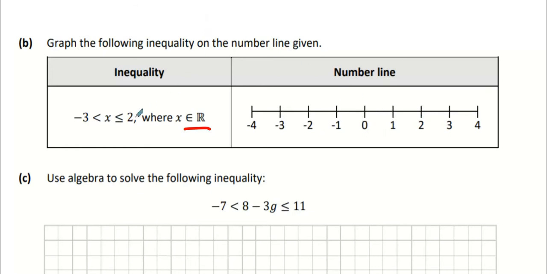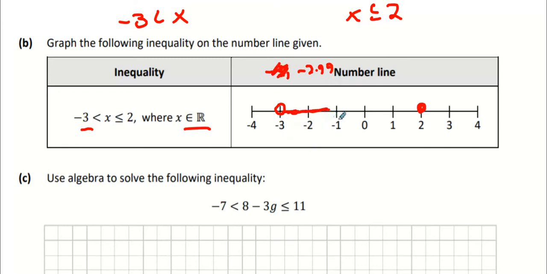Now, this means minus 3 is smaller than the numbers you list, and x is smaller than or equal to 2, so your numbers have to be smaller than 2 or equal to 2. Because it's allowed equal to, you can put in a filled-in dot, but because minus 3 is not allowed, you use a hollow dot. The hollow dot means you're not allowed minus 3, but you're allowed minus 2.99999. So it starts at minus 3, but doesn't include minus 3, and goes all the way to 2.